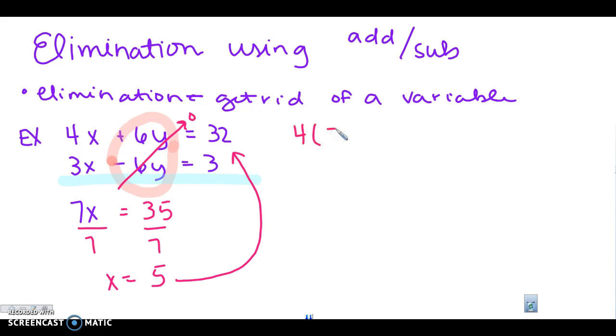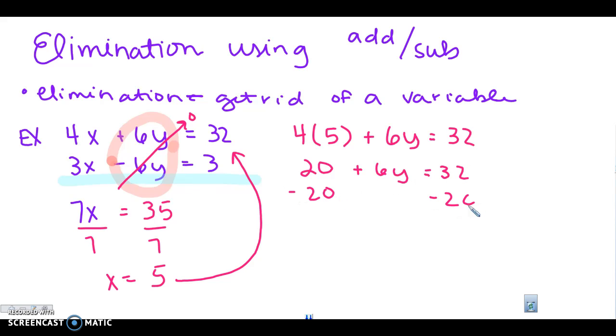I'm going to do 4 times 5, because that's what x is equal to, plus 6y equals 32. If I multiply that out, 4 times 5 is 20, plus 6y equals 32. I can subtract that 20 over to the other side. Again, this will cancel.